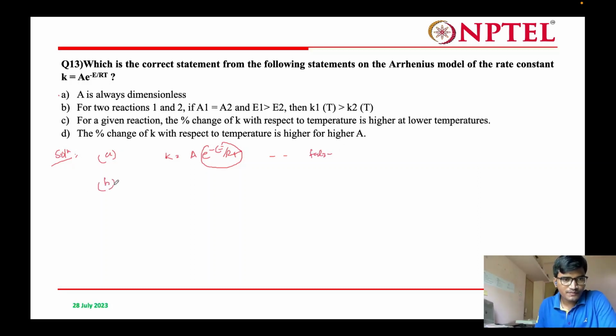Now option B: for two reactions 1 and 2, if A1 equals A2 and E1 greater than E2, then k1 greater than k2. Right.